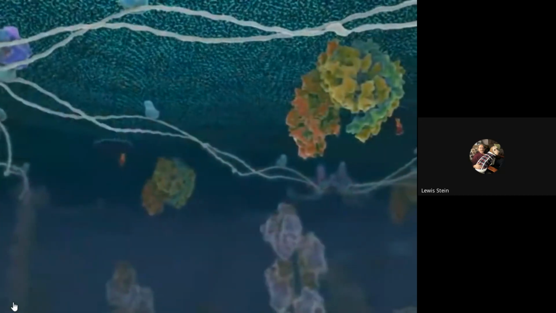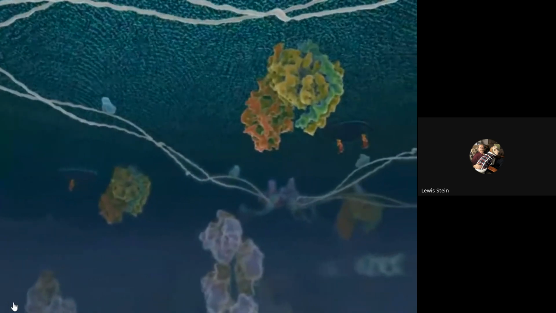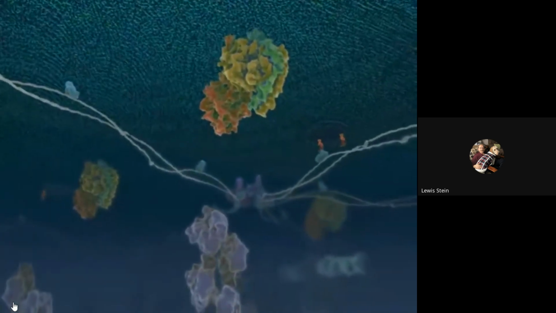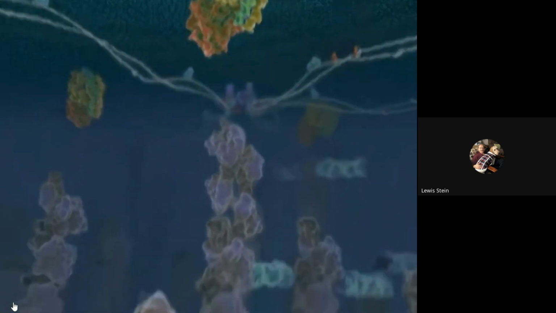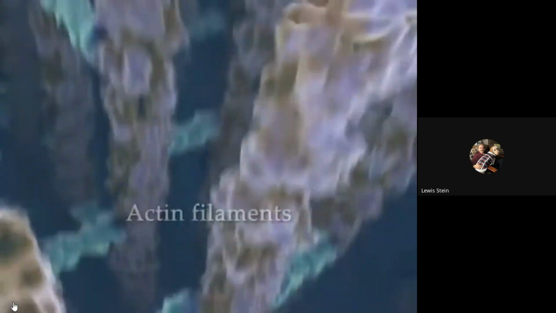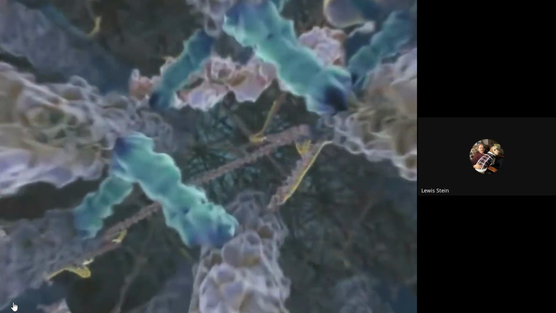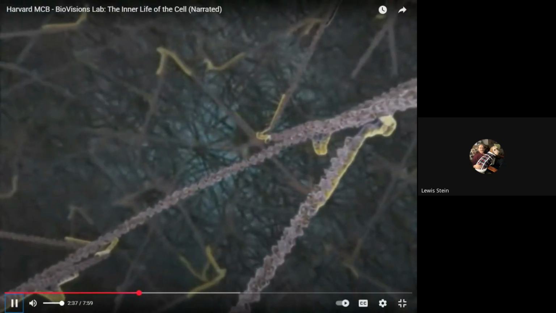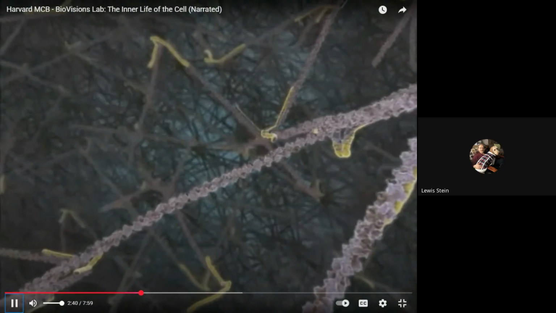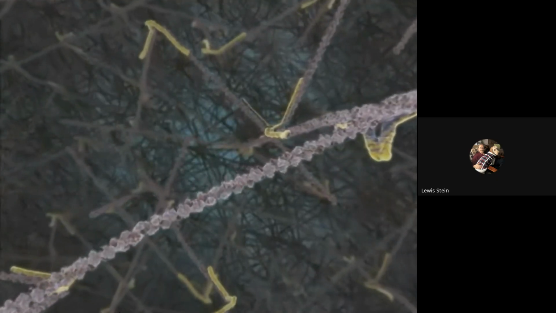The membrane is very organized, like we see in our illustration. It's all gel. Watch what happens.